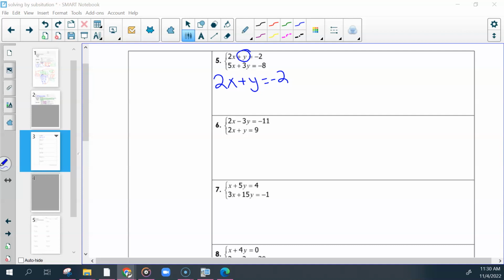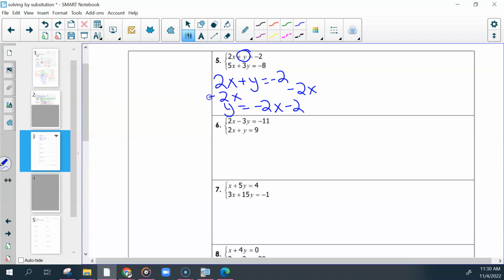Get rid of the x term by subtracting it to the other side. Then we have an equation that's solved for y, or x, it depends.